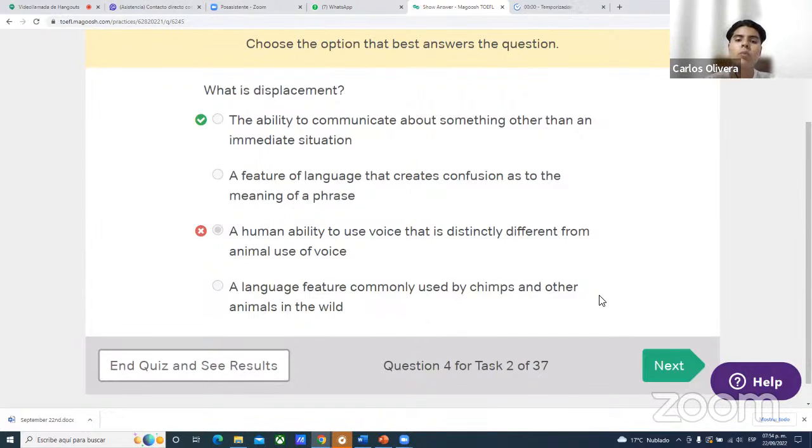That's the reason why they don't have displacement, because displacement is the capacity to express complex ideas or reasoning that have to do with the future, the past, with things that are even fantastical and not happening in our current and immediate context. So the third option is incorrect, a human ability to use voice. In this case, displacement has nothing to do with voice, but with, as I say, the capacity of thinking about situations that are not immediate and expressing them through language, all right?